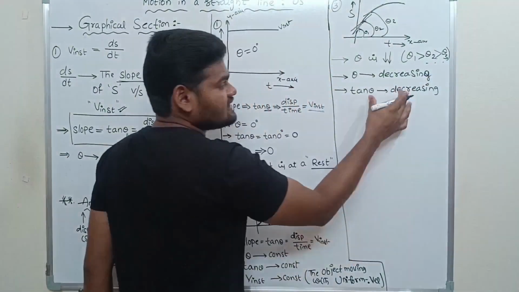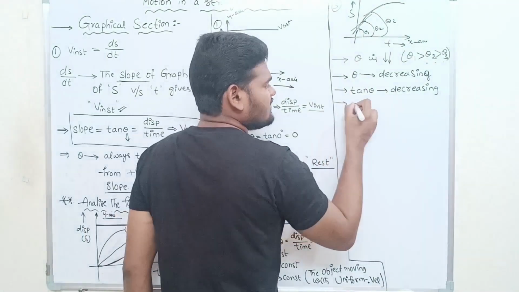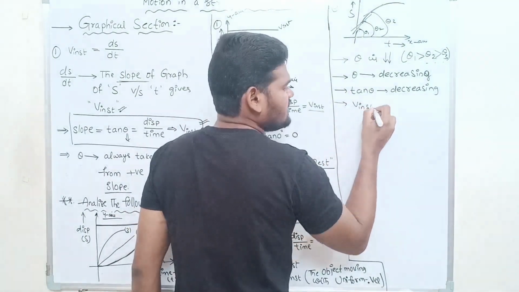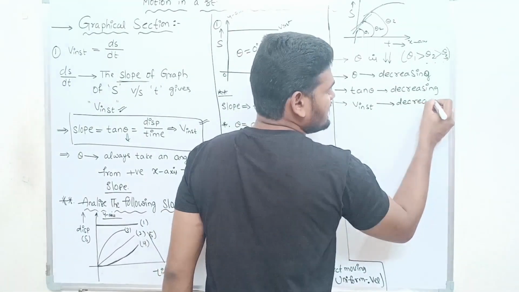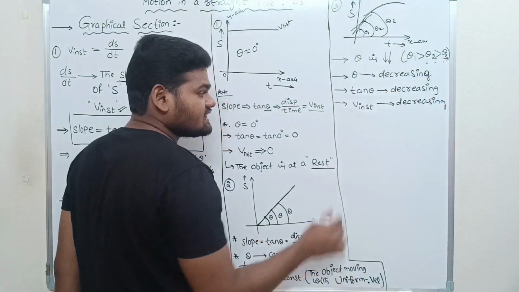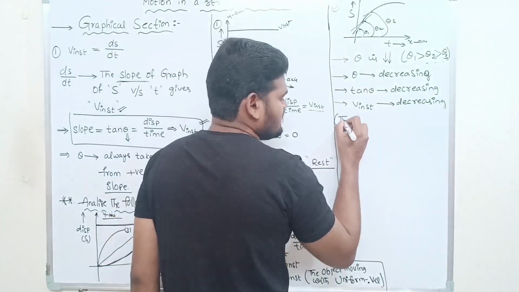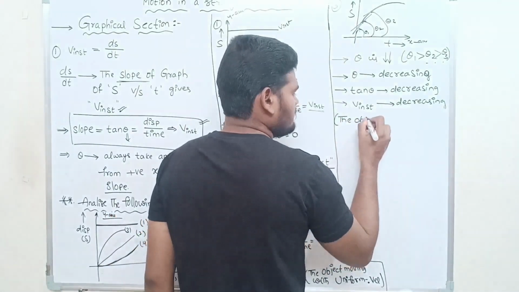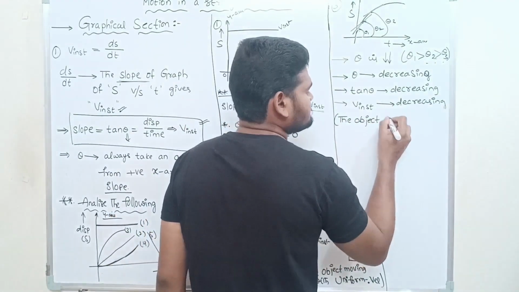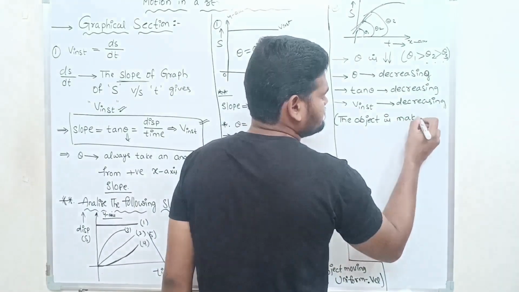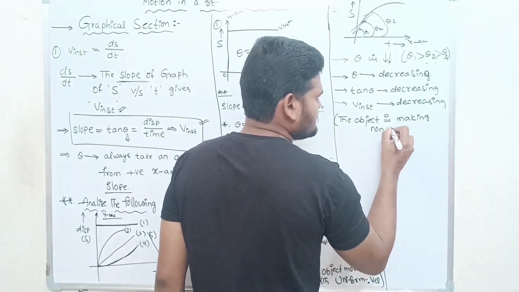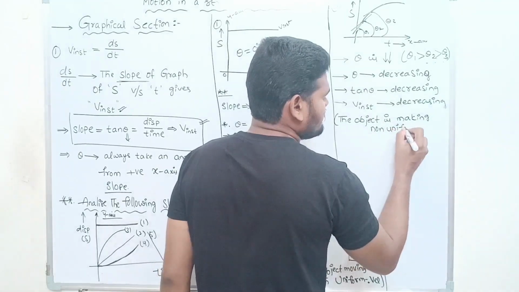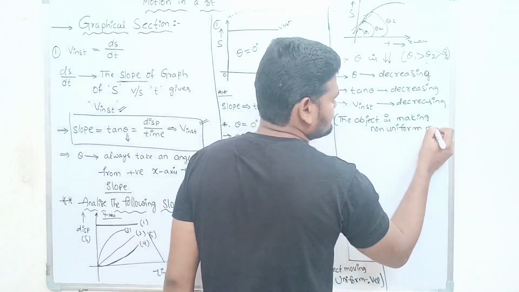If tan theta is decreasing, then the instantaneous velocity or velocity of the object is decreasing. If the velocity of the object is decreasing, then we can say that the object is making non-uniform motion.